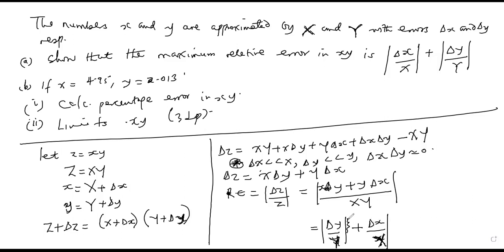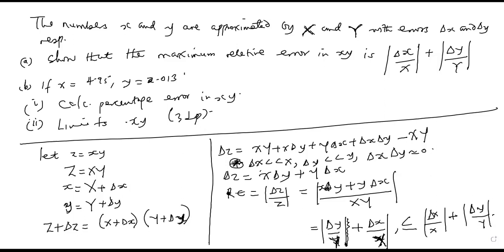The whole of it is in one magnitude. Then by bringing in the triangle inequality, that is when you split them as delta x over X plus delta y over Y.